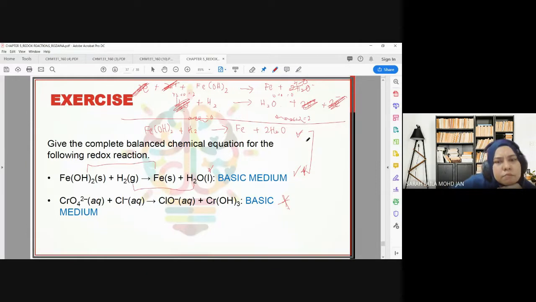Maybe sebab untuk basic medium, kalau bila ada H plus tu baru kita boleh tambah OH negatif. Kita kena tambah OH negatif sebab kita nak cakap dia dalam basic medium. But if you ada yang nampak kat mana saya punya kesilapan, you can just baiki kat sini. Ada tak? Saya tersalah skip.